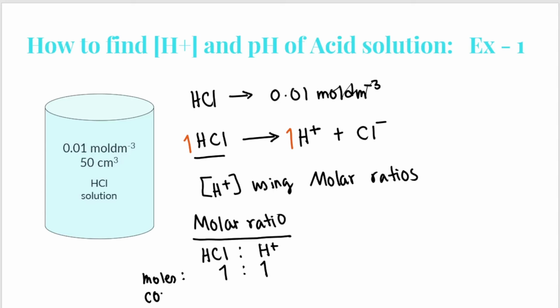As a result, their concentrations will also have an equal proportion of ratios. Therefore, the hydrogen ion concentration will be the same as the concentration of HCl within the solution.